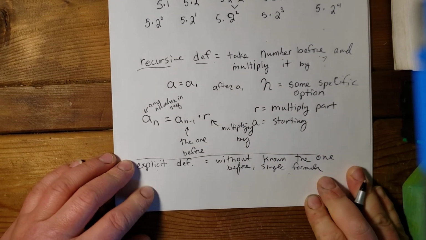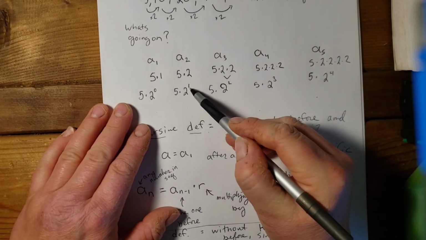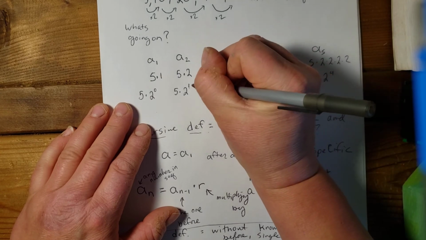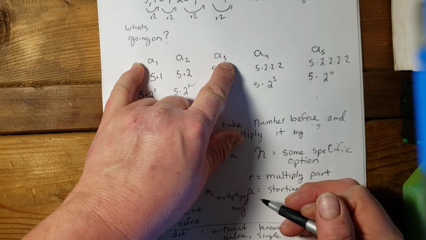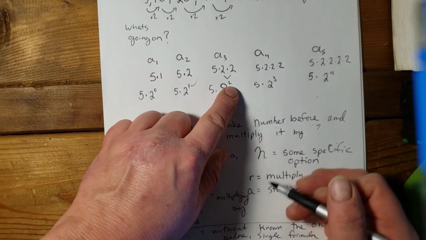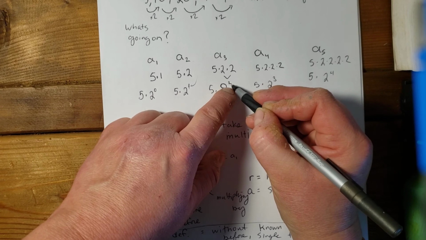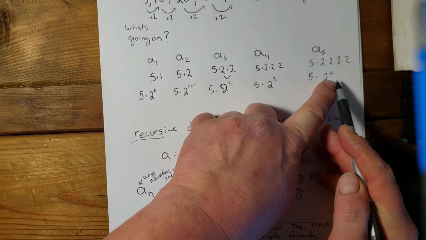All right, and here's what we can do. We can say, look at this exponent. This exponent is always going to be the one that comes before the sequence. So for the third item in the sequence, we're going to have the exponent of 2. For the fifth item in the sequence, we're going to have the exponent of 4.